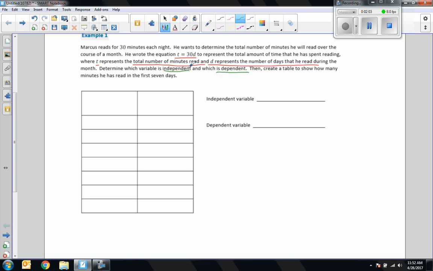the variable that's by itself is the dependent variable. So the dependent variable here is T, and T represents total number of minutes read. So I'll write that here.